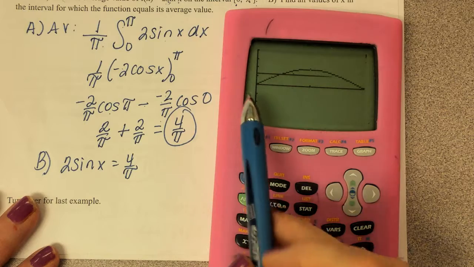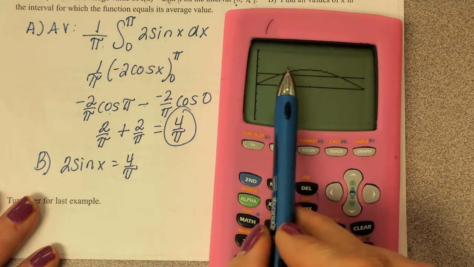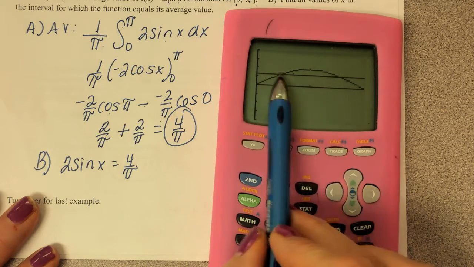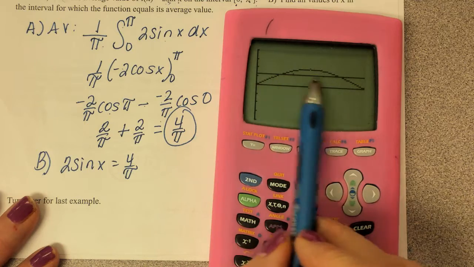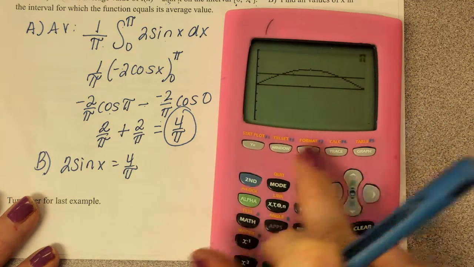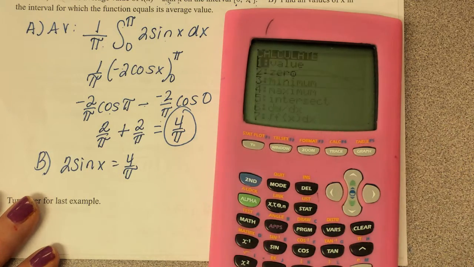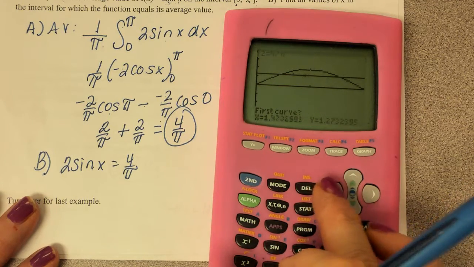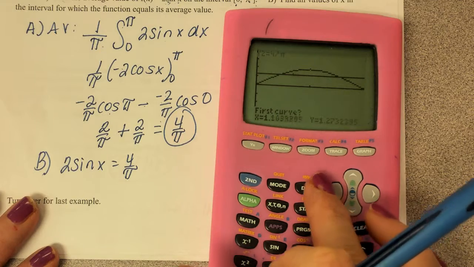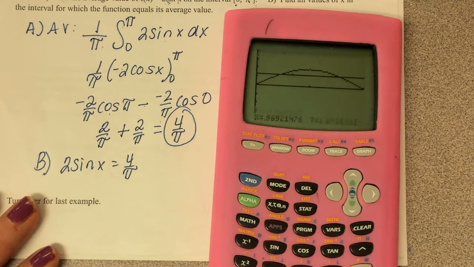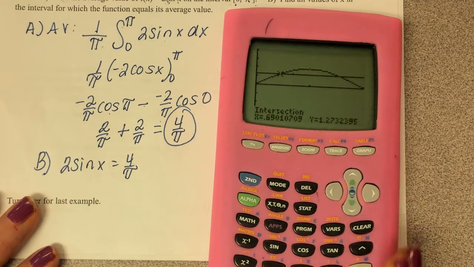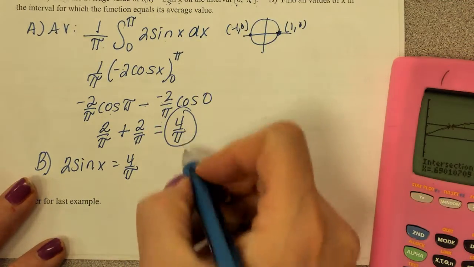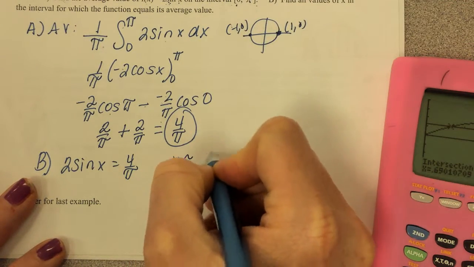So how many places between 0 and pi is it equal to 4 over pi? We got twice, don't we? We have to find 2 solutions here. So we do second trace, calculate that point of intersection. I'm going to jump down here to make it quicker to move over there. I'm going to move close to this point of intersection, enter, enter, enter. 0.69 radians is one of our answers.